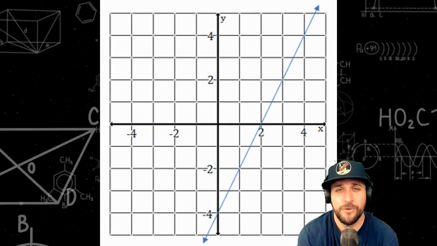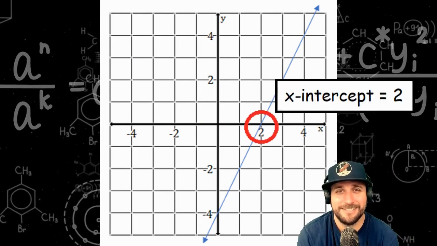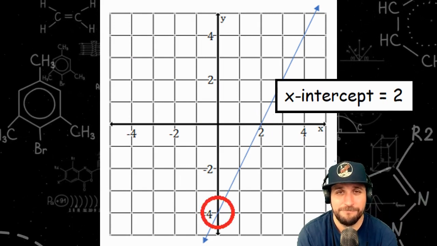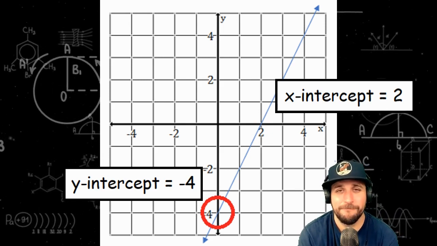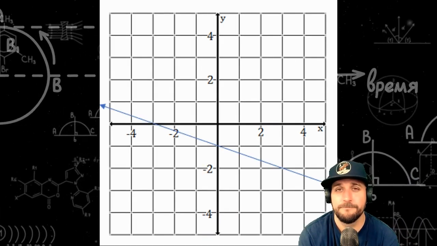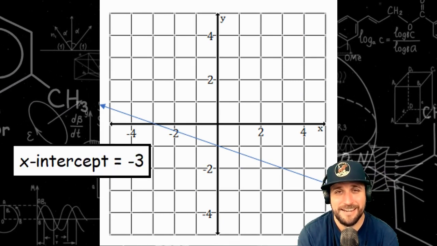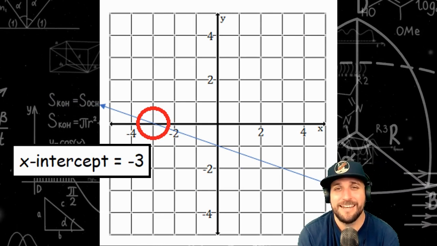On example 2, my x-intercept is 2 because it crosses the x-axis there. My y-intercept is -4 because it crosses the y-axis at -4. Example 3, my x-intercept is -3, and my y-intercept is -1.